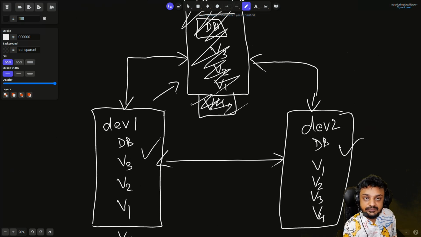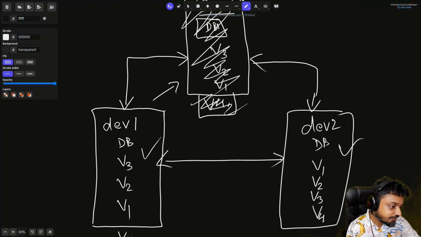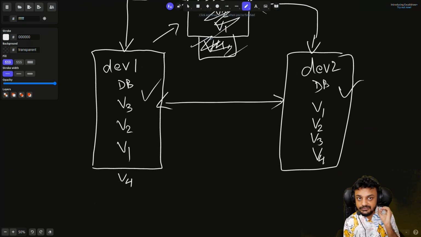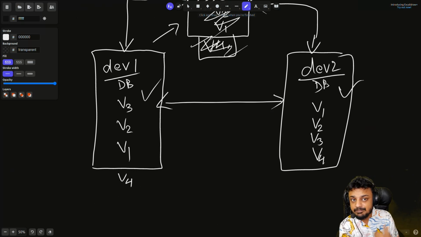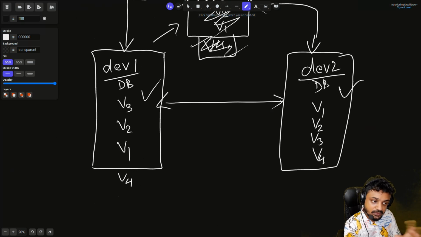All the versions that ever existed, all the changes that ever existed in that project, right from the first ever base file till the final version, and all the things in the middle. So in a sense, every clone, be it for dev 1 or dev 2, is like a complete backup of the entire project, of the entire version control that was going on with that project.